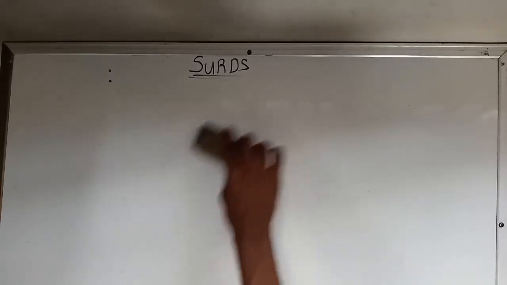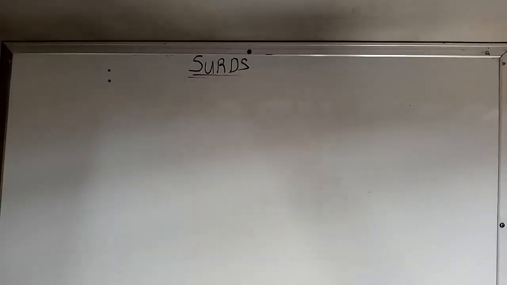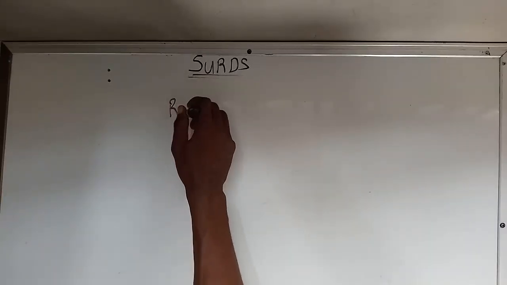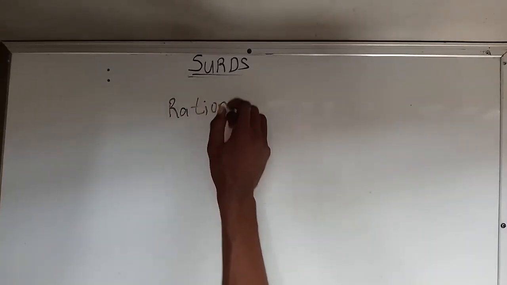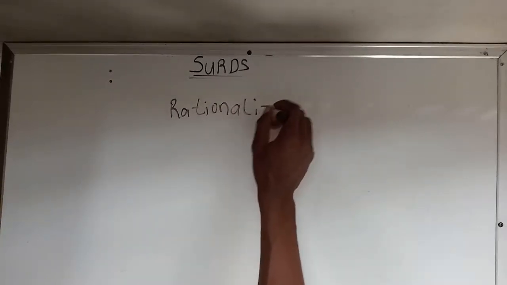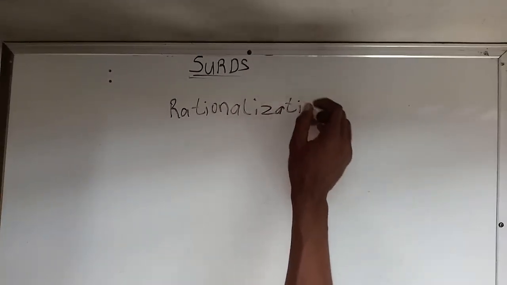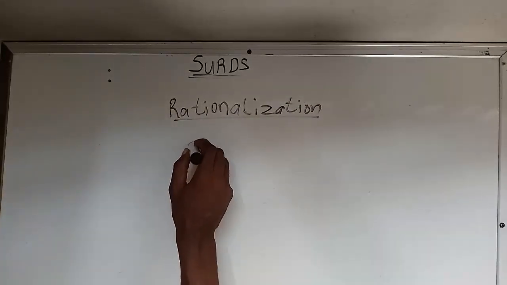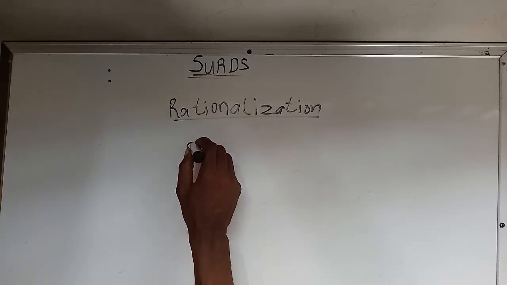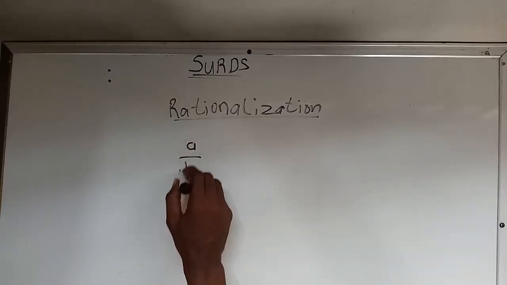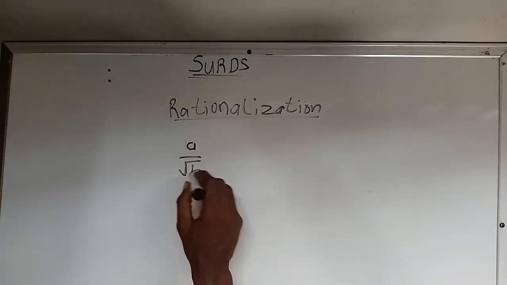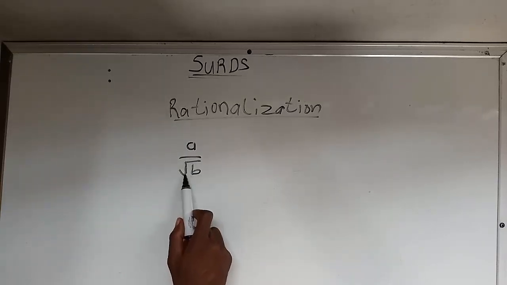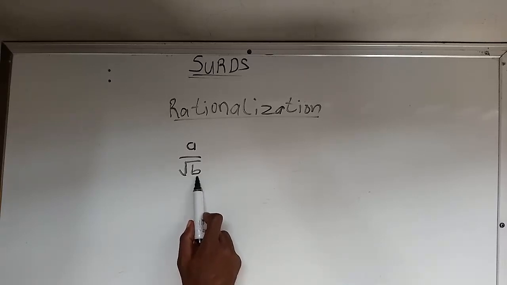So these are the properties that we are going to use. Then one last property is rationalization of the denominator. So if you have a surd of the form A over root B, to rationalize means we want to remove the surd from the denominator.